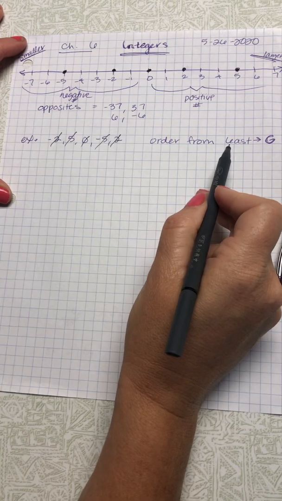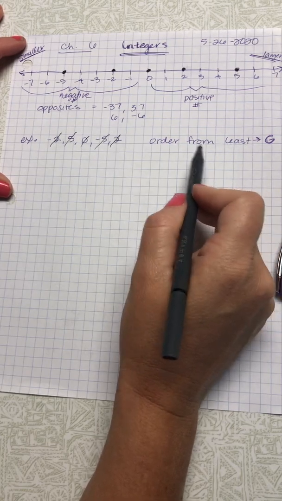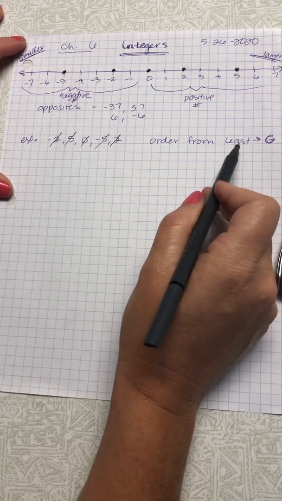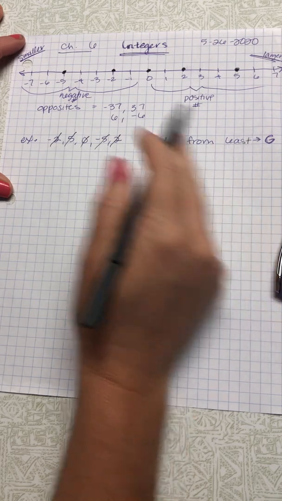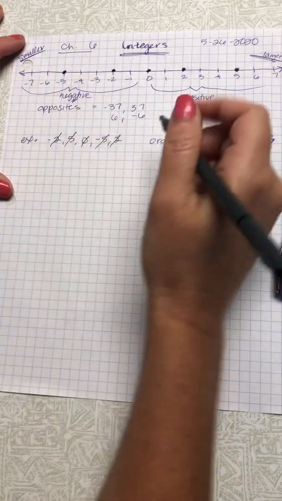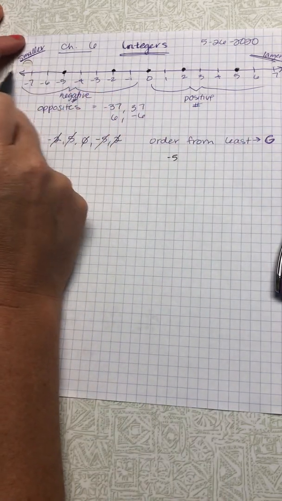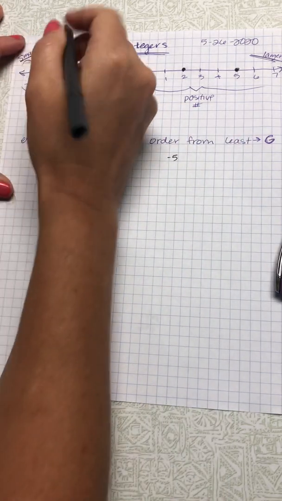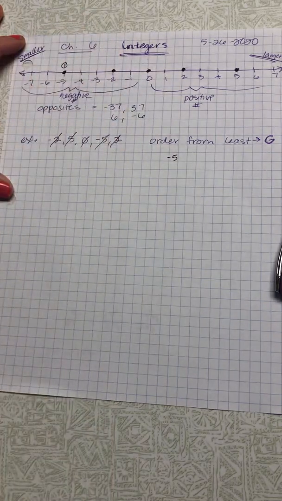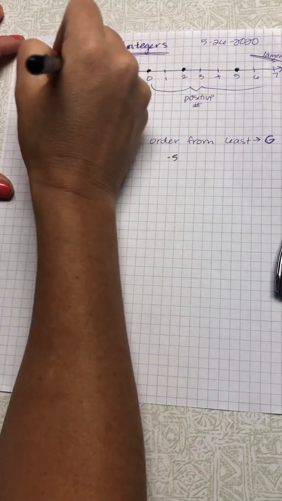Now I'm supposed to go from least to greatest, the smallest. Least is the smallest, G greatest. So that means my first number should be -5, because -5 is my first number that starts from the left, right? So this is going to be my number 1. Then I'm just going to continue in order.